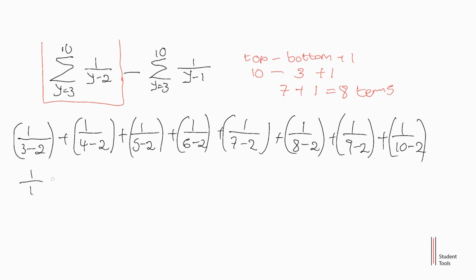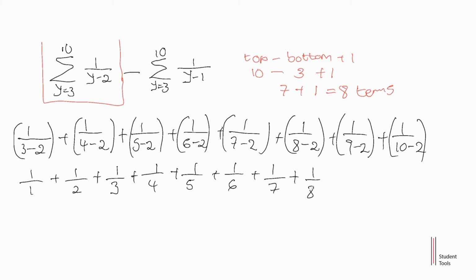So it's obviously 1, plus 1 over 4 minus 2, it's 2, plus 1 over 5 minus 2, it's 3, plus 1 over 6 minus 2, it's 4, plus 1 over 7 minus 2, it's 5, plus 1 over 8 minus 2, it's 6, plus 1 over 9 minus 2, it's 7, plus 1 over 10 minus 2, it's 8.